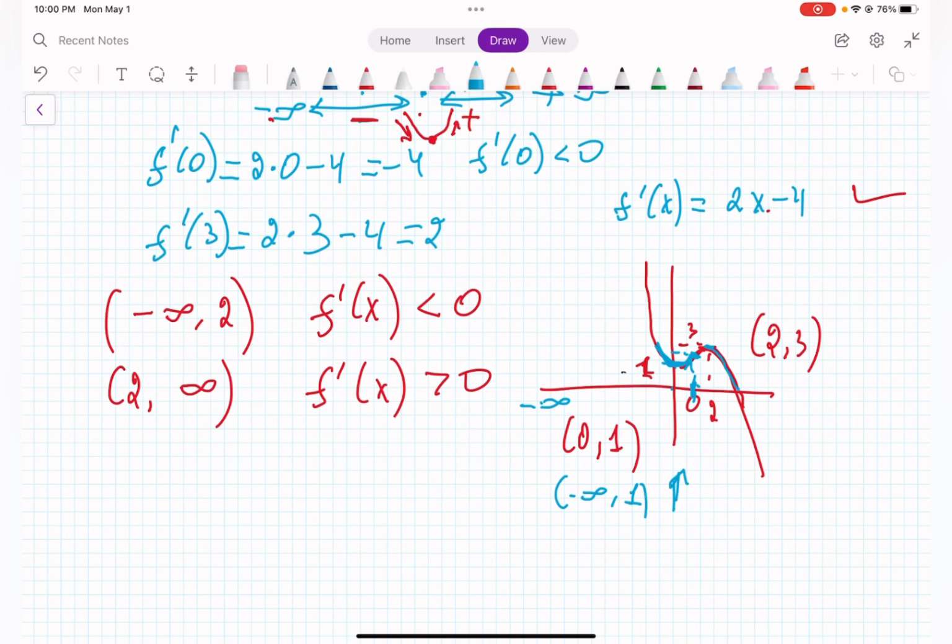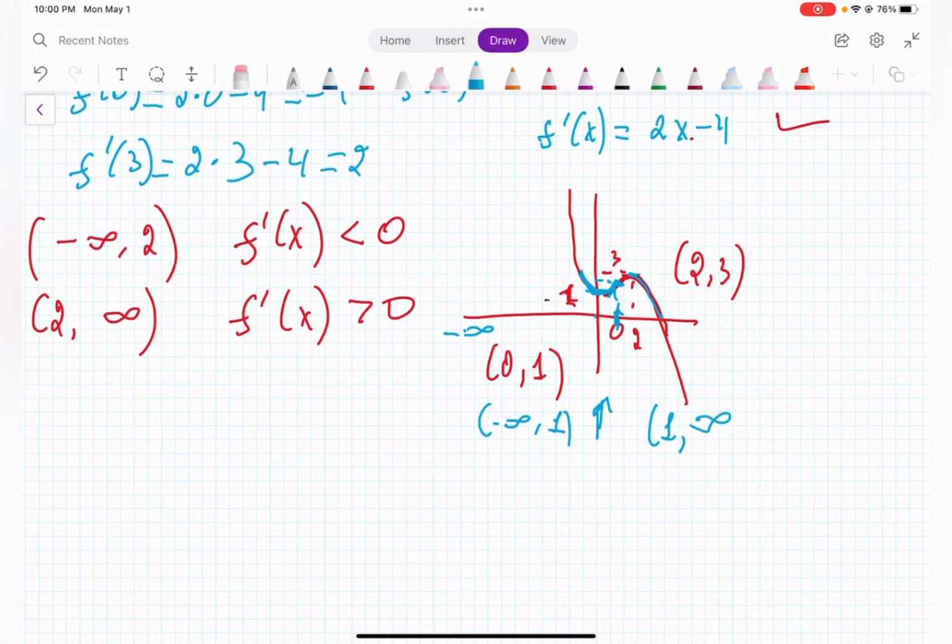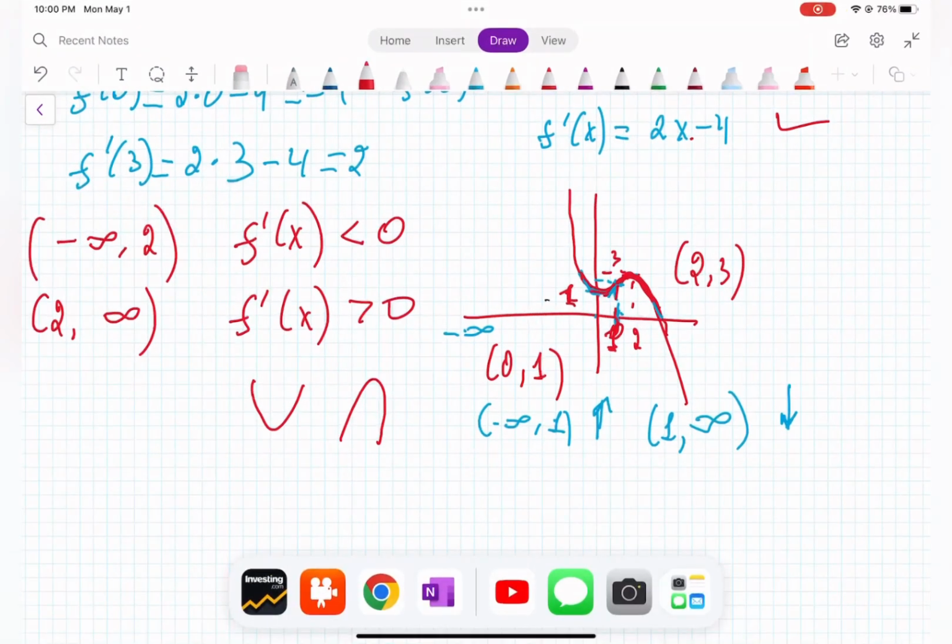But from 1 to positive infinity, concave down. Look. This is concave up, this is concave down. Therefore, this piece is concave up from negative infinity till 1. And from here to here, it's going down. So let's place the answer.